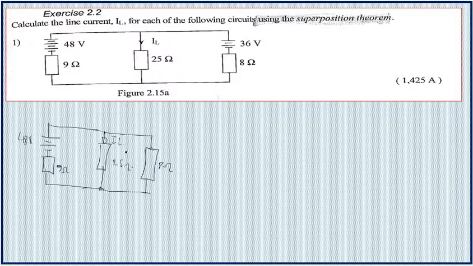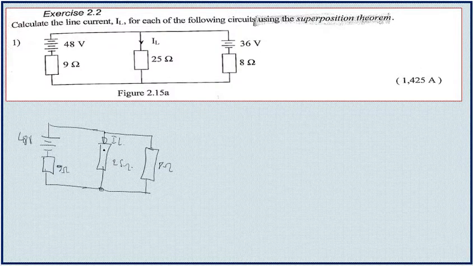Now we are going to compute the value of IL, the current flowing in the 25 ohm resistor, while considering this voltage only. Here we can say that these two resistors are in parallel, and that one is in series with these two that are in parallel.